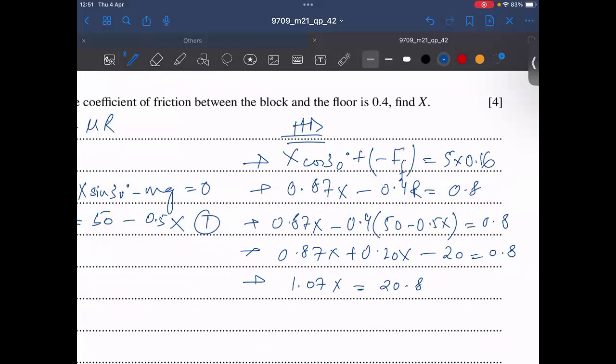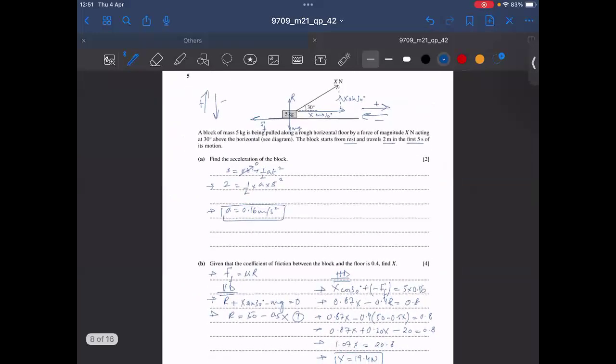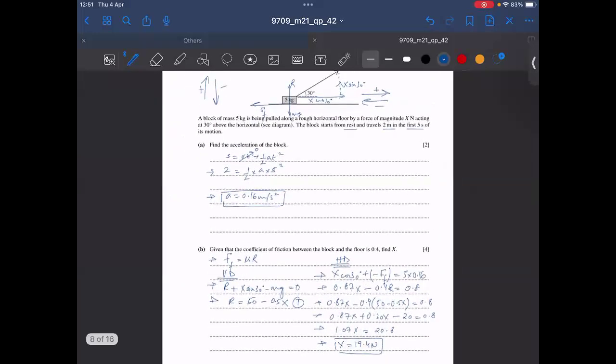Divided by 1.07, getting 19.4. This is going to be equal to 19.4 newtons. Is it clear or not? All of you? Yes, sir. Okay, the answers are correct, Ms. Amna.